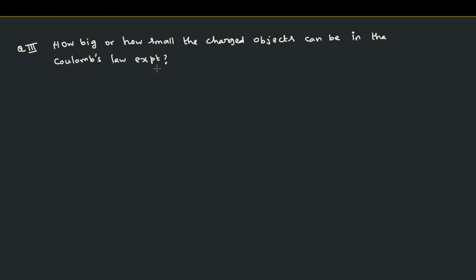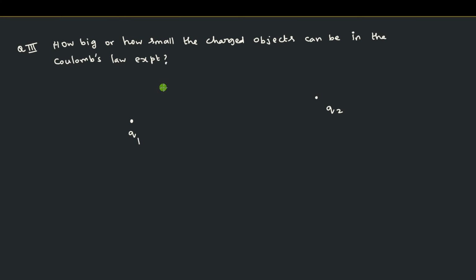This is a simple question: when you are performing the Coulomb's law experiment, which simply means you put a Q1 here and keep a Q2 here, so you have two charges Q1 and Q2 separated by some distance, the question is how big. Simply we are putting a dot here to say that there is a charge present at that particular point.